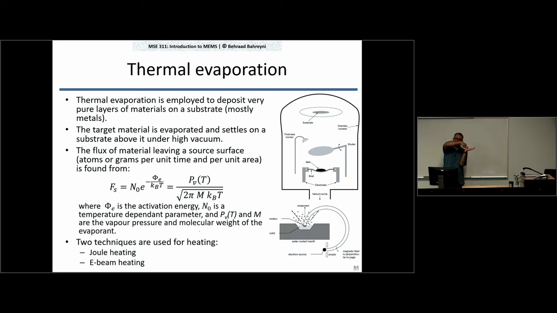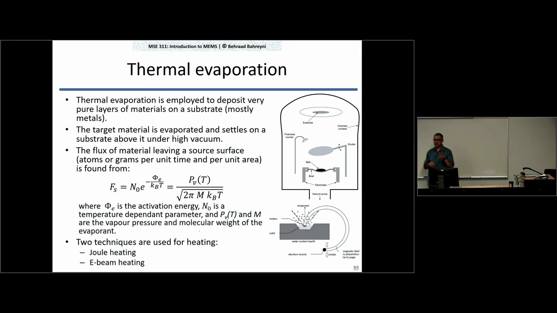The electron beam hits a portion or location on your target. Usually the spot size is on the order of 1 millimeter or so, or even smaller. And because it's a tiny amount of surface area and a lot of current through that electron beam, you basically heat up your source locally and you start to evaporate it locally here. Your boat and all those other things don't have to be there.